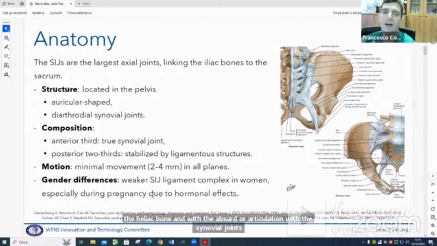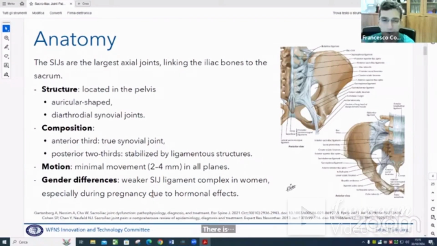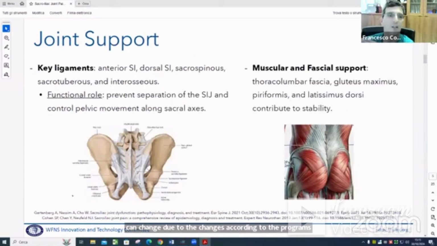These joints have a minimal movement, usually between 2 and 4 millimeters in all planes, and there are some gender differences in women, especially after pregnancy, because the ligaments become a little bit less strong and can change due to the changes according to the pregnancy. So this is important, and there is also some hormonal effect.